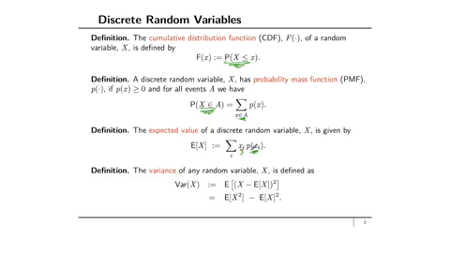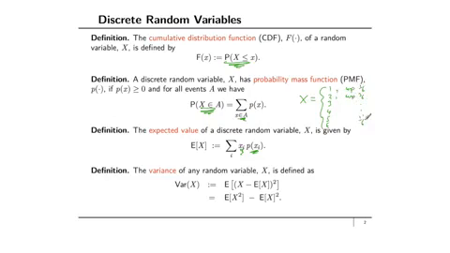If I was to give you an example, suppose I toss a dice. It takes on 6 possible values: 1, 2, 3, 4, 5, and 6. It takes on each of these values with probability 1/6.